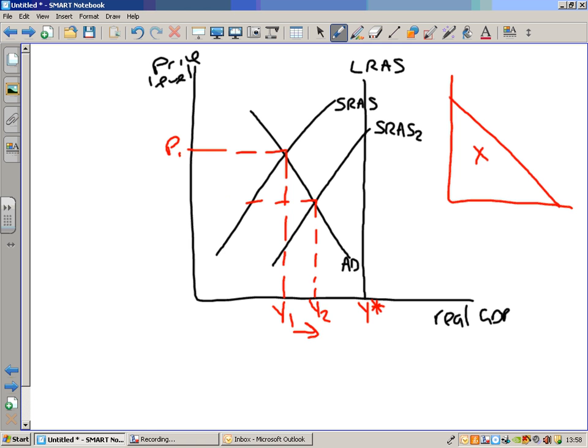Output shifts to Y2. Lower business costs mean that prices fall to P2. The economy is operating now nearer to its production possibility boundary line. So you can see there the relationship between an SRAS and an LRAS curve.